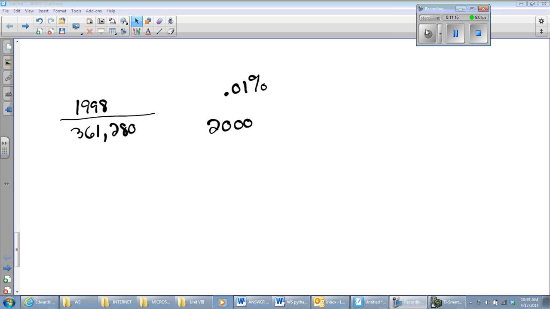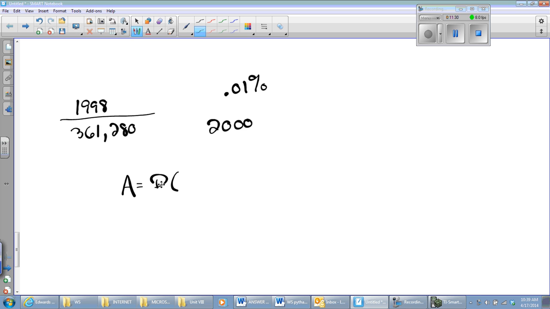And so when I go to do this problem, I'm just going to go A equals P times the quantity of 1 plus or minus R to the power of T. And I know that T is going to be 2 years, 98 to 2000. I know that the starting is 361,280.